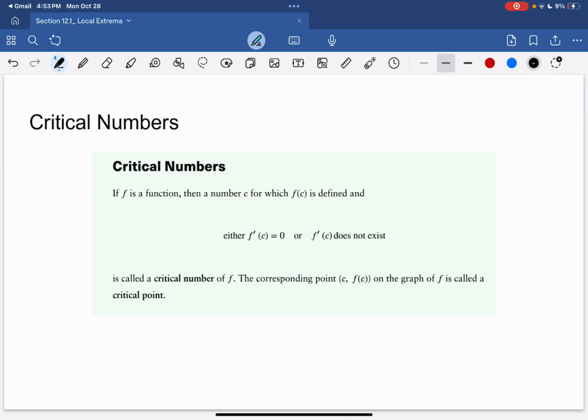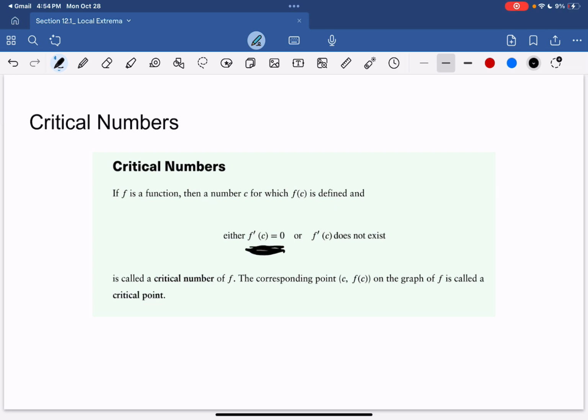Now, all functions, or I won't say all functions, but the functions that we're going to deal with will have critical numbers. So if f is a function, then there's a number c for which f of c is defined, and the derivative is equal to 0.